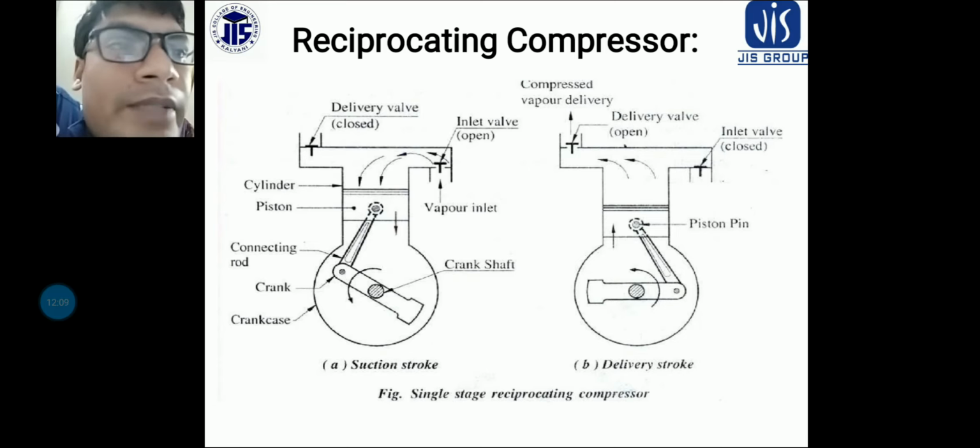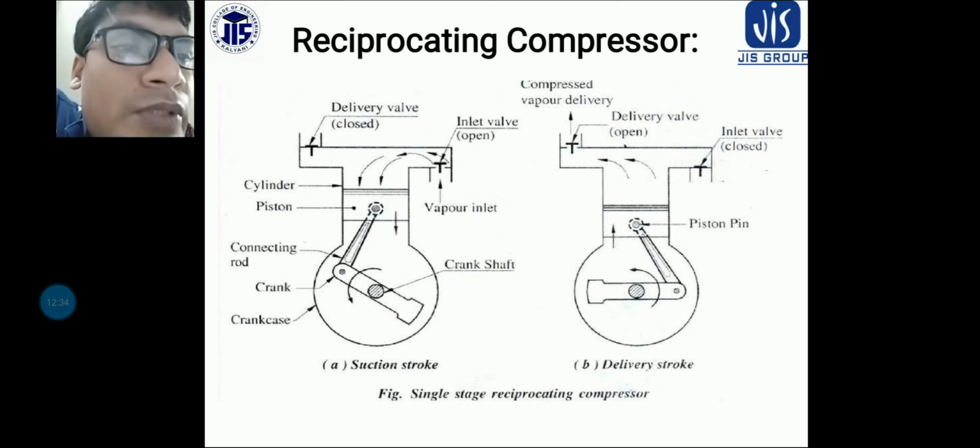Okay, so if it is happening like this, then we can say that the compressed vapor is coming out from the delivery valve through this opening. From this opening the high temperature, high pressure vapor refrigerant is coming to the condenser.